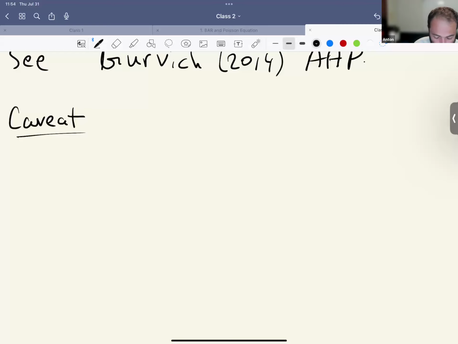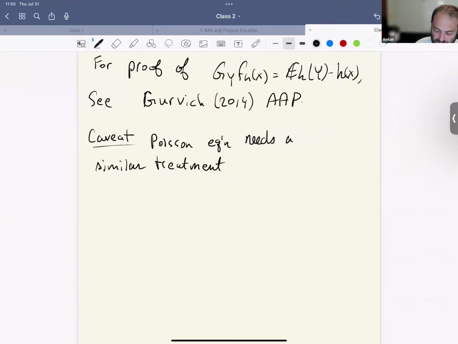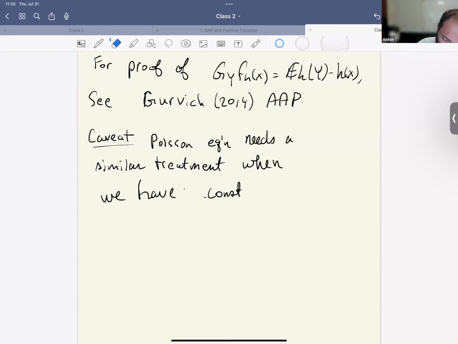What I don't yet know of is a similar treatment, rather, the Poisson equation needs a similar treatment, showing that the potential satisfies it when we have, oh sorry, not unconstrained, constrained diffusions.